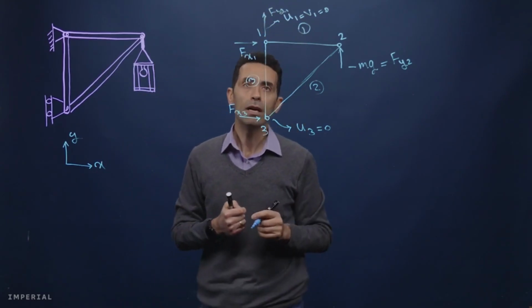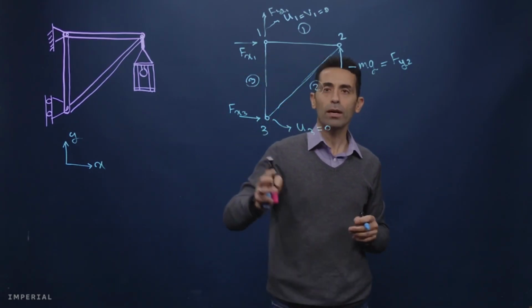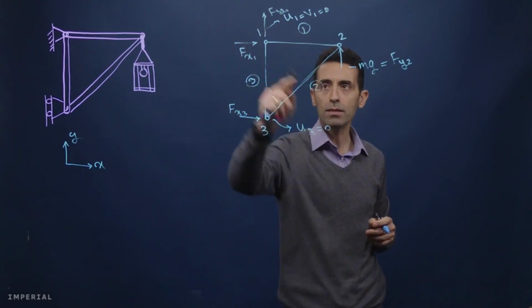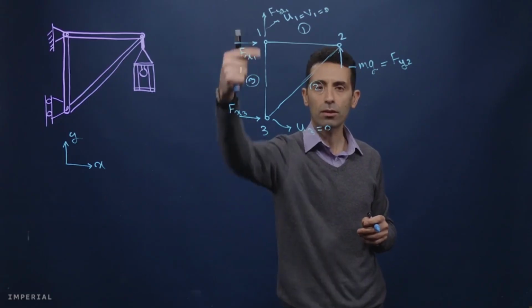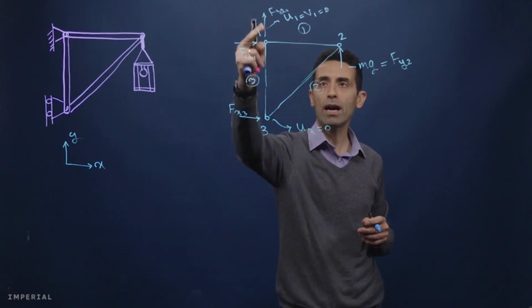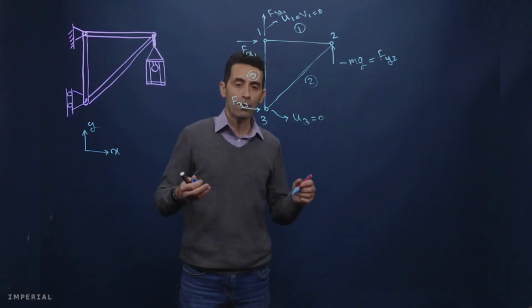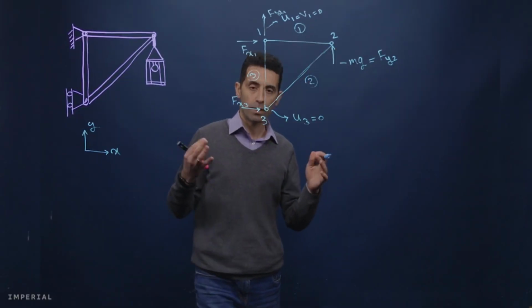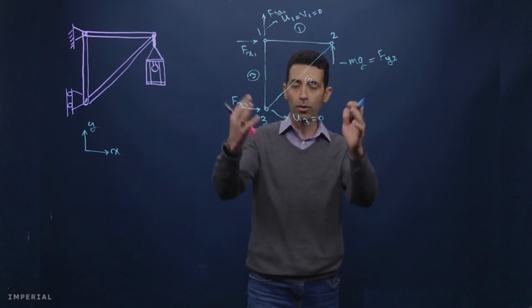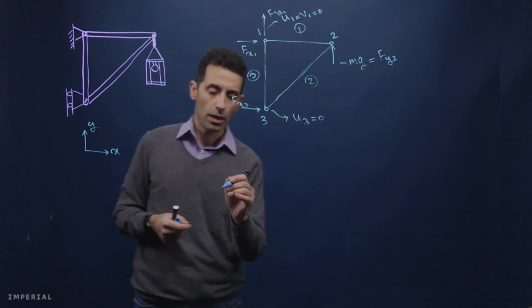All right, so these are all the external forces. These three are unknown, and this one is known, and then we have the boundary conditions that we know.